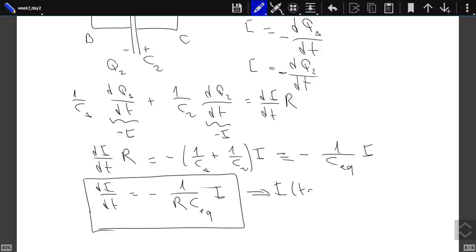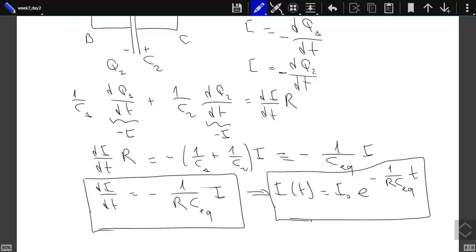The current at the time t will be equal to the initial current in my system multiplied by e to the power minus 1 over R C equivalent times t. This is I.